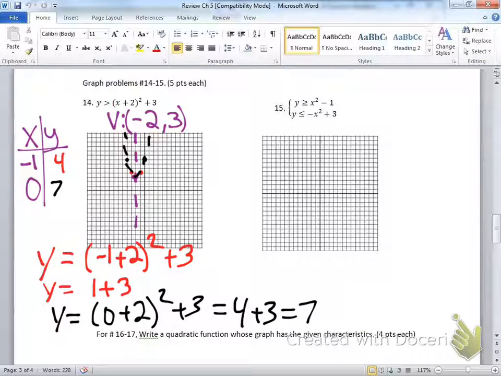So can you please keep your outbursts to a minimum? We have 8 minutes. Okay, so I'm going to test a point. When I test a point, I plug in the x for the x and the y for the y. 0, 0 is the easiest test point, okay? So 0 is greater than 4 plus 3.